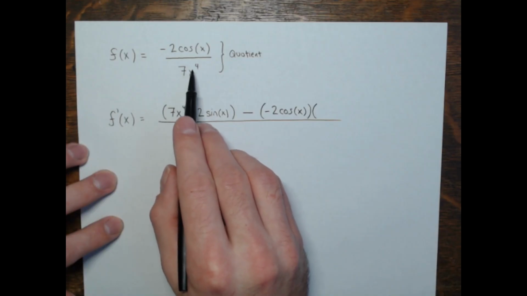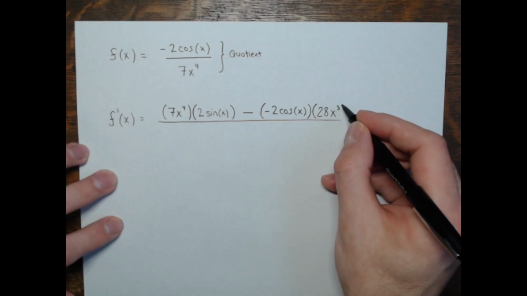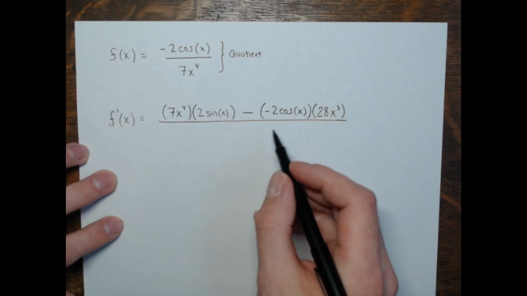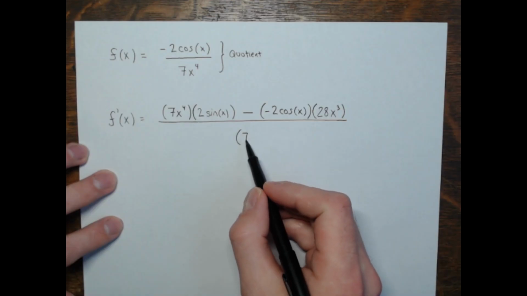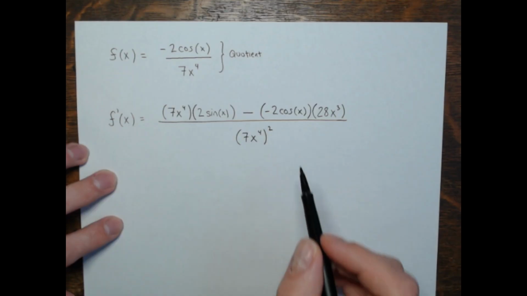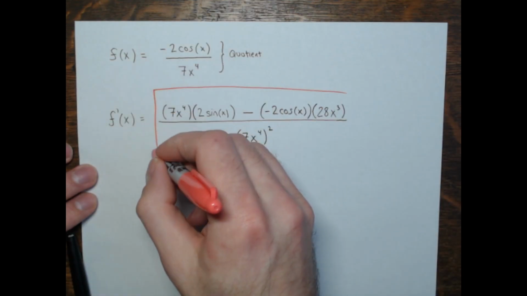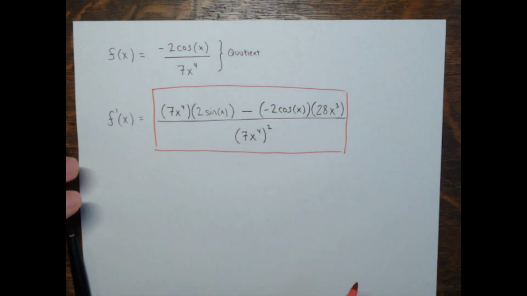So 7 times 4, x to the third, so 28 x to the third power. So again, all that in the numerator divided by the denominator, 7x to the fourth, squared. So again, this is great. You can type this the way it looks. That is the derivative function.